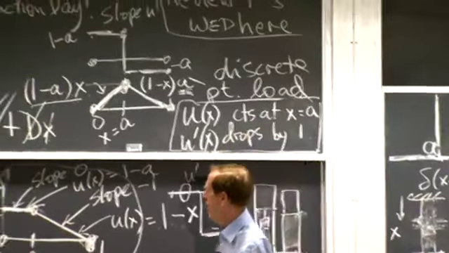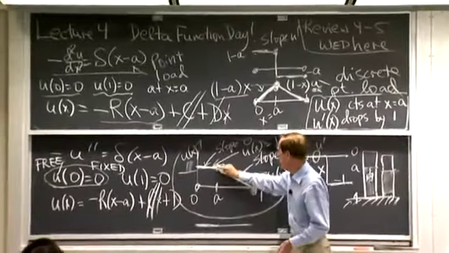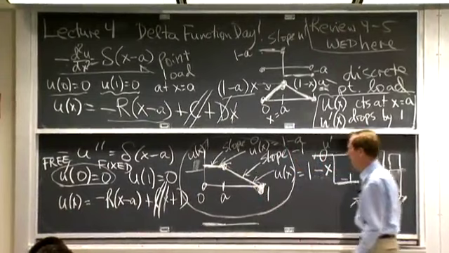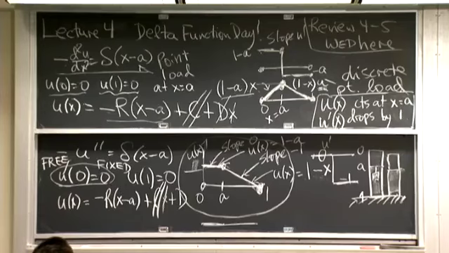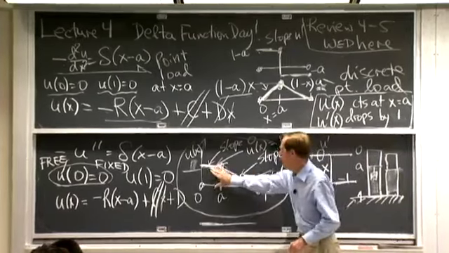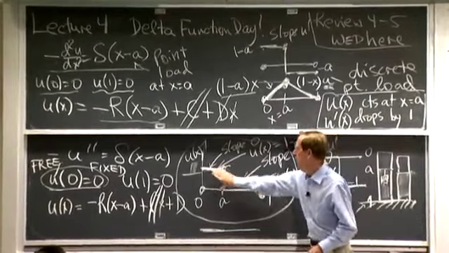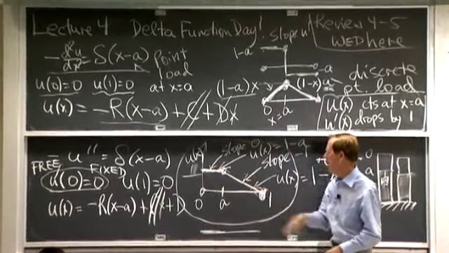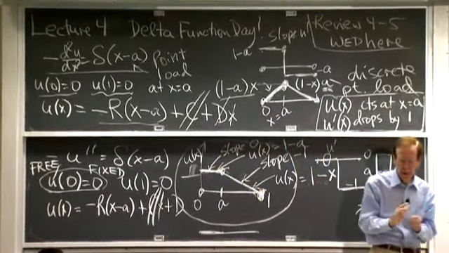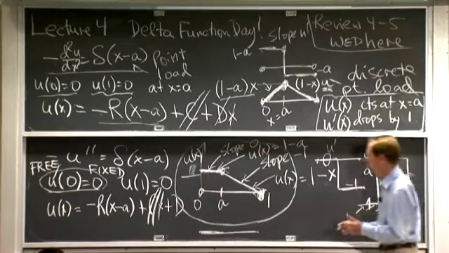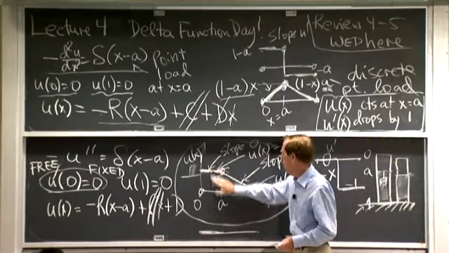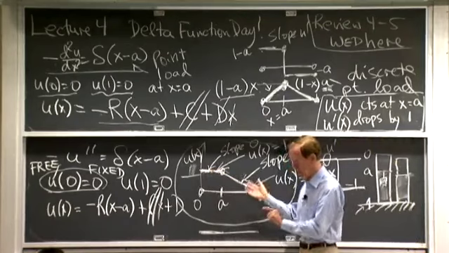U of x does something here, then the slope has to drop by 1, and that's the key to everything with the boundary condition. So in a way, we have a piece to the left and a piece to the right, 2 constants here, 2 constants here, and somewhere there are 4 conditions that settle those 4 constants. We could have a straight line here, a straight line here, that's 2 and 2.